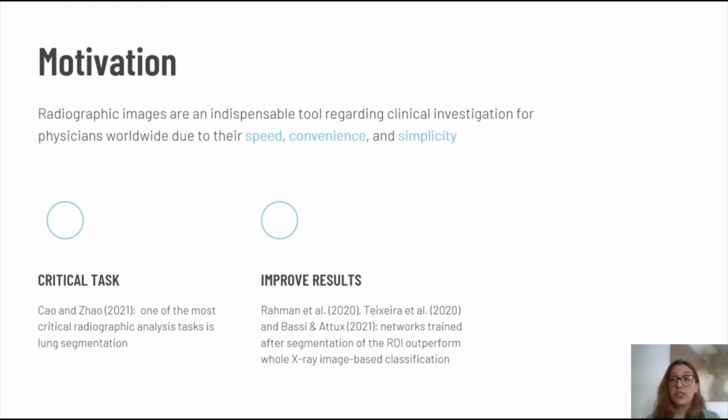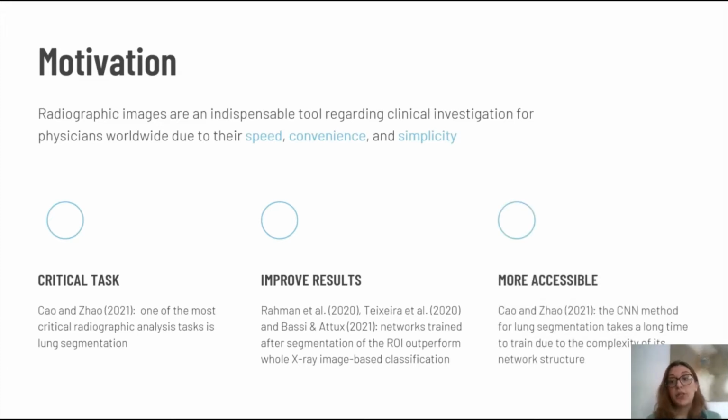Furthermore, authors such as Raman, Teixeira, Bassi, and others point out that using the segmentation as a pre-processing step to neural networks improves the performance of classification problems for identifying diseases such as tuberculosis and COVID-19.